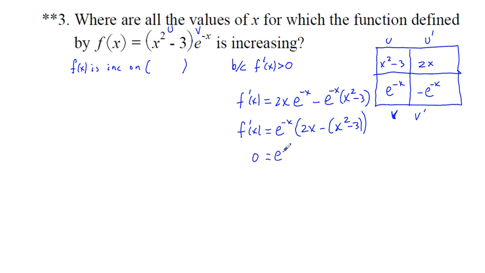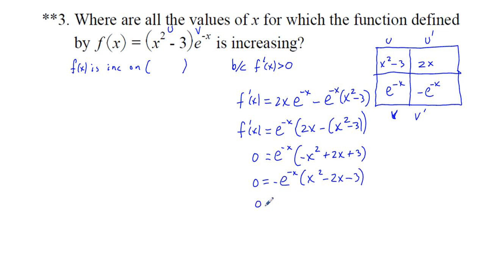So we have e to the negative x, and what we're going to get is negative x squared plus 2x, and we have minus minus plus 3, and we could factor out a negative sign. 0 equals negative e to the negative x times x squared minus 2x minus 3.